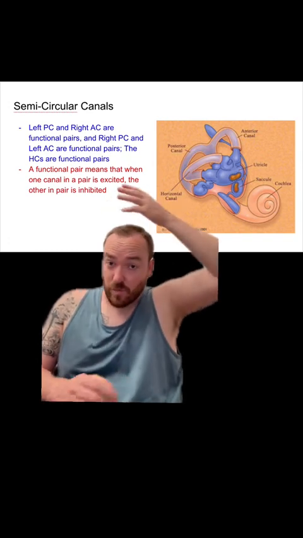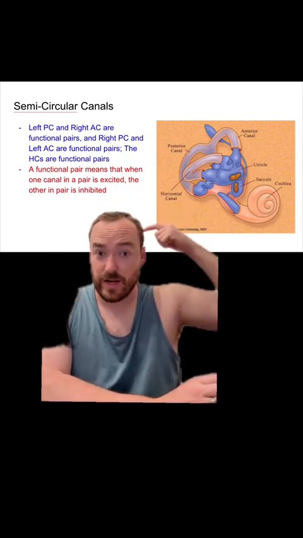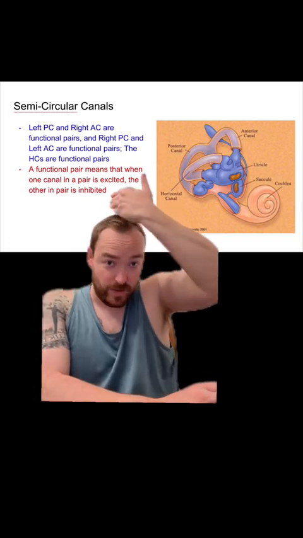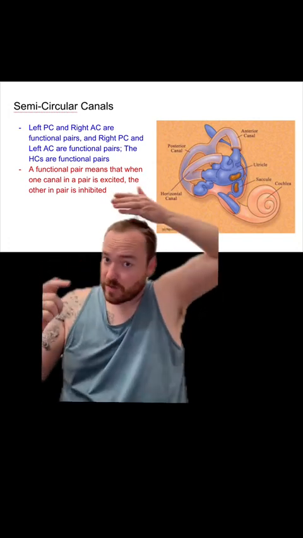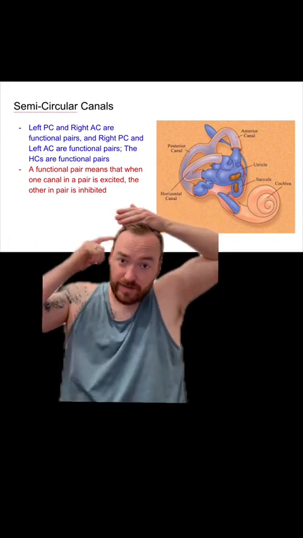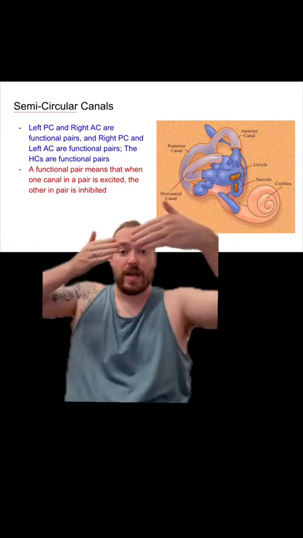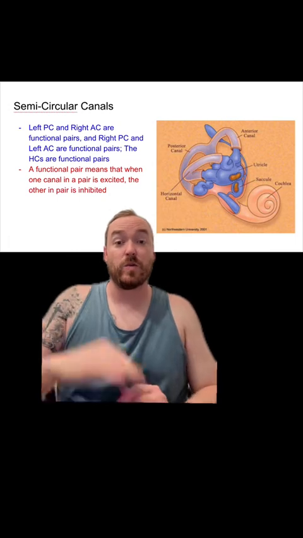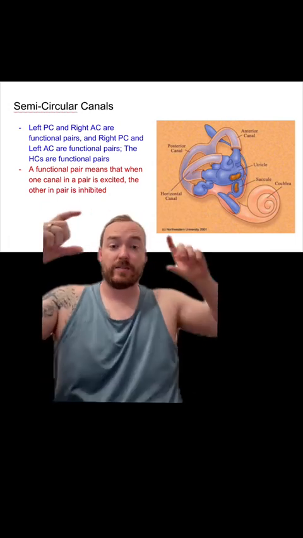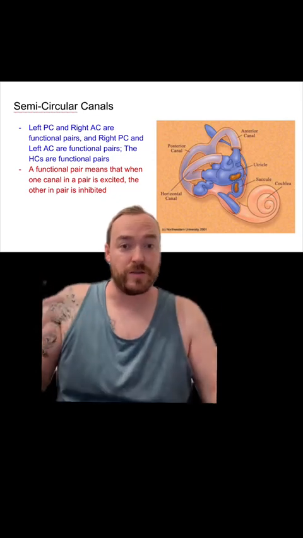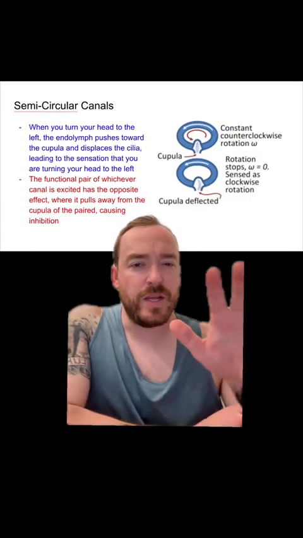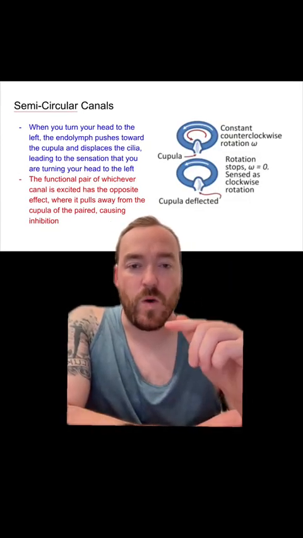The right anterior, going this way, and left posterior, and then the other way, the left anterior and right posterior, they're aligned in the same planes together, and so when one of them is excited, its functional pair is inhibited, and then the horizontal canals are functional pairs in themselves. I'll explain a little more in the next video why that's relevant.